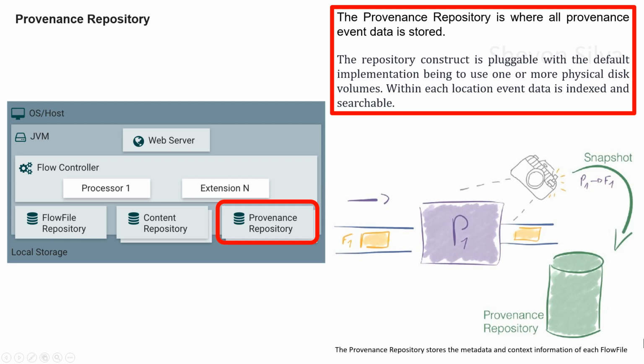The Provenance repository, on the other hand, is more exhaustive since it tracks the complete life cycle of every flow file that has been in the flow.